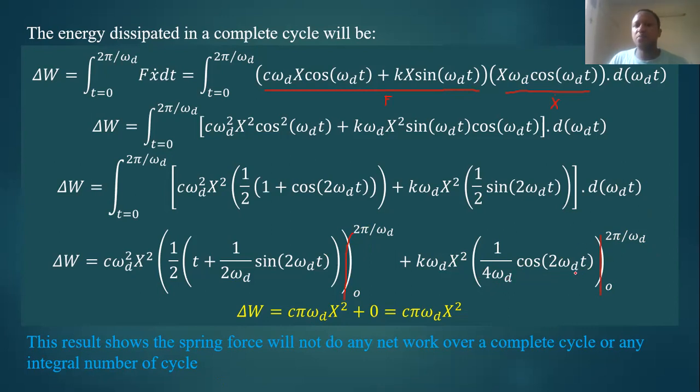Because cos of 2 omega d t with t replaced by 2 pi over omega d gives the same thing as substituting 0, since cos of 2 pi is 1 and cos of 0 is also 1. So 1 minus 1 is 0. So this part will vanish from our calculation. So finally we get the same answer.